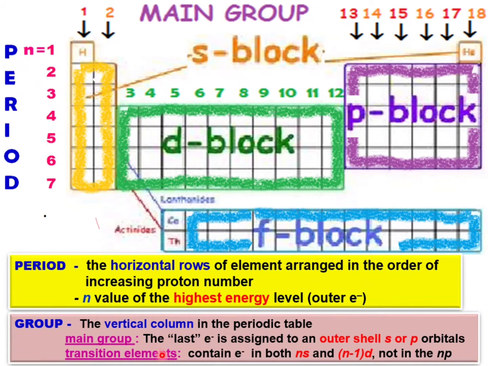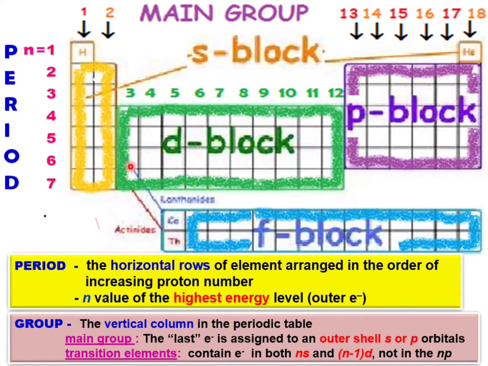But for the transition element adalah unsur peralihan, contain electron in both ns and n-1d, not in the np. Macam mana ni? Later I will show you. So normally for transition element, it must start with group 3, 4, 5, 6, 7, 8, 9, 10, 11 and 12.